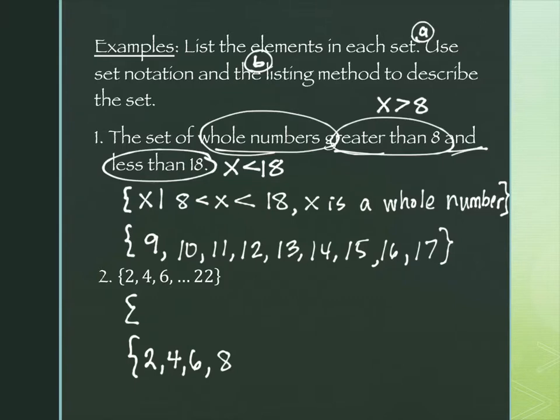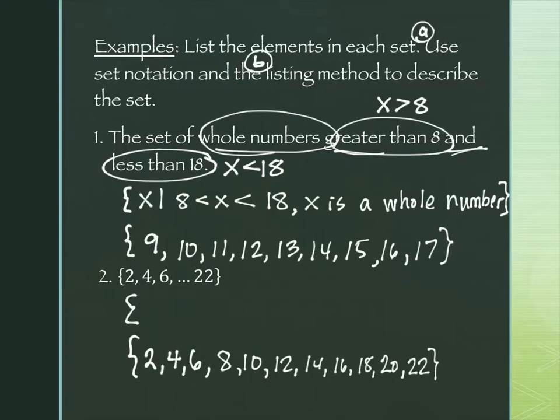We're jumping, or we're writing down even numbers, however you want to describe that. So 2, 4, 6, 8, 10. And we're going to fill in all the dots with all the evens, right? So 12, 14, 16, 18, 20, and 22. So that's my listing method for this one.